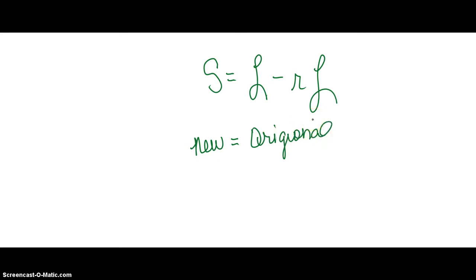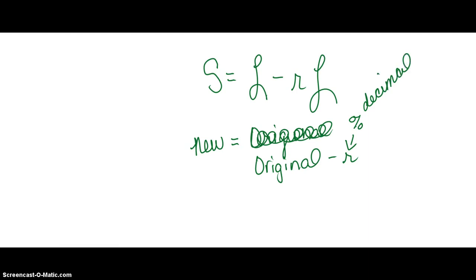I think I spelled original wrong. Yes, I think that says original. And that's why I don't teach English. Minus the rate. This is always going to be the percent, and we're going to turn it into a decimal of the original.